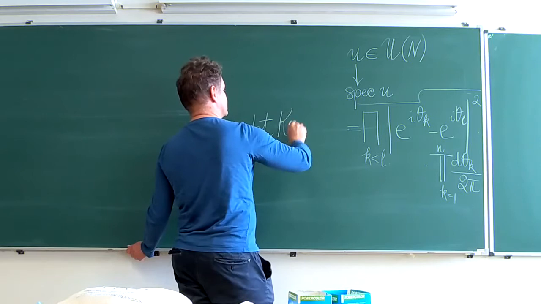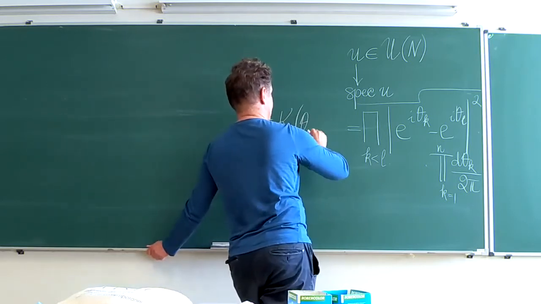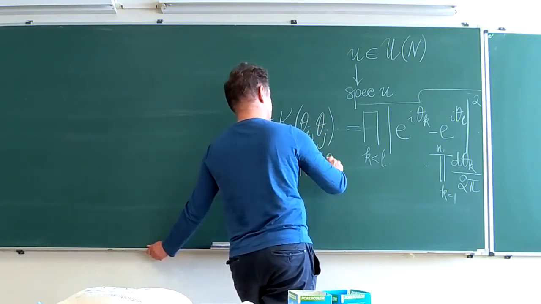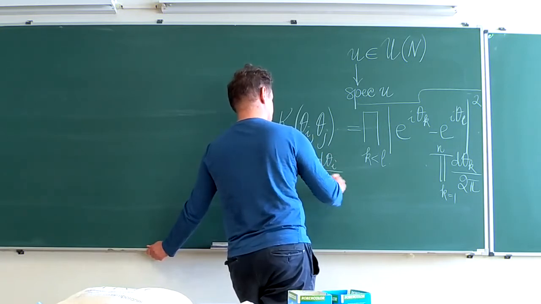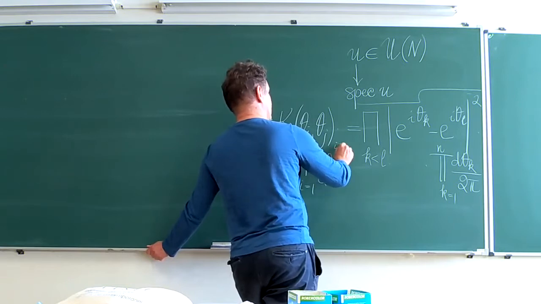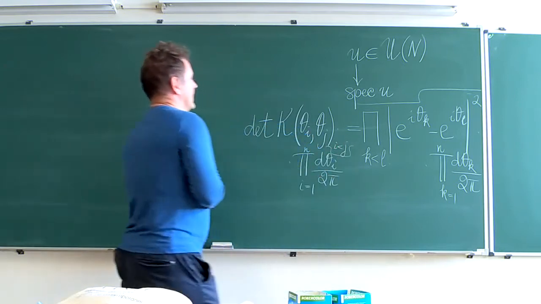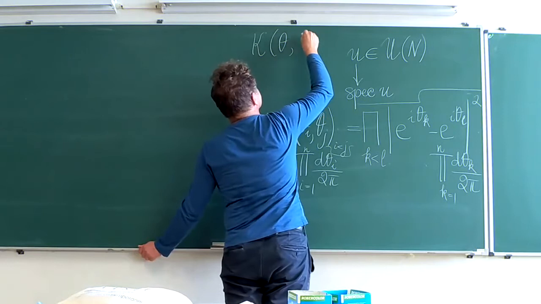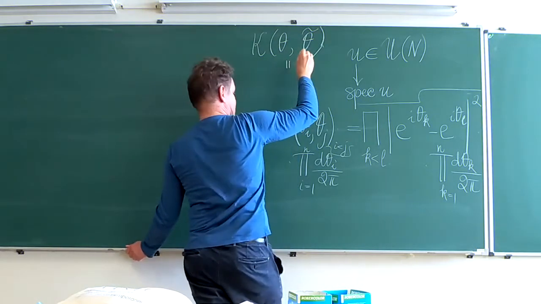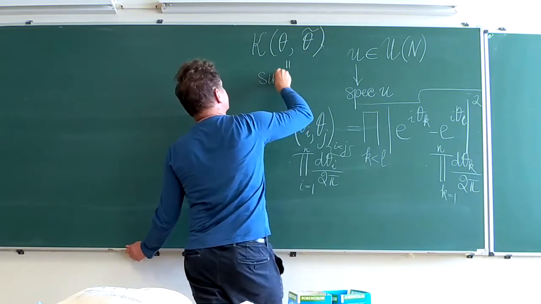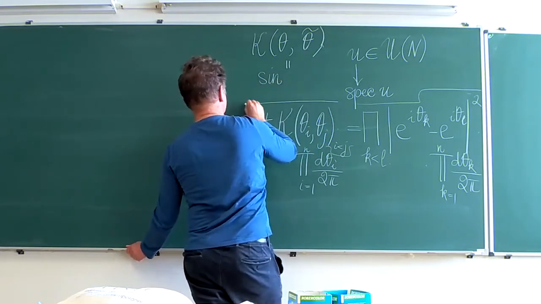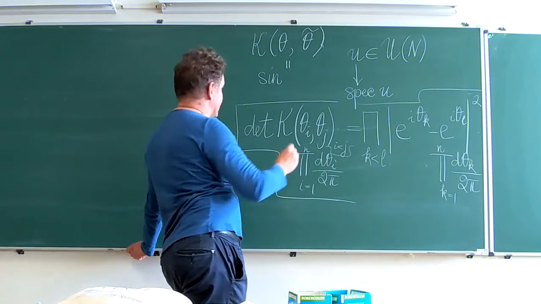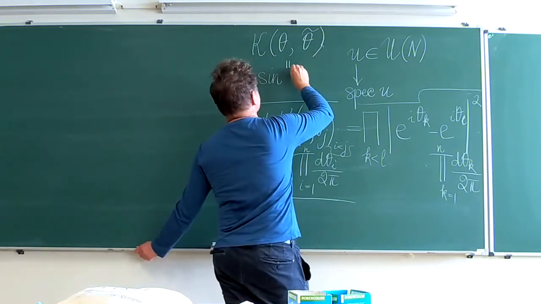This can be written down as determinant K(theta_i, theta_j), where K is in fact just the sine kernel of Dyson, just the Dyson sine kernel.